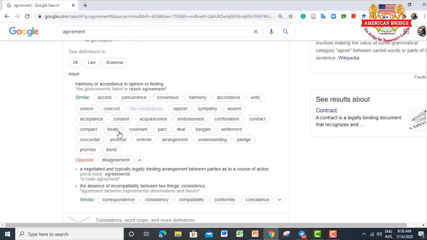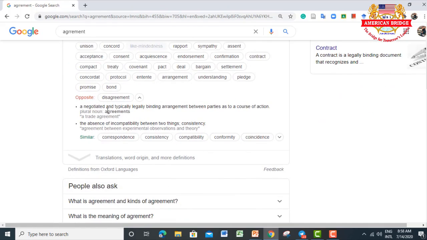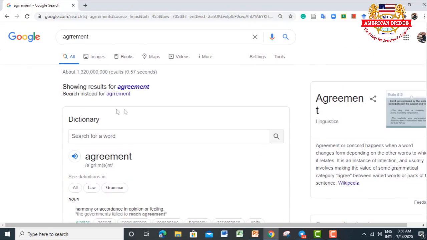For example, I agree to drink coffee means you like to drink it. But if you disagree to drink it, it means nobody can force you to drink, and you reject it. So this is the opposite meaning of a negotiated, typically legally binding arrangement between two parties as a cause of action. They disagree with that.